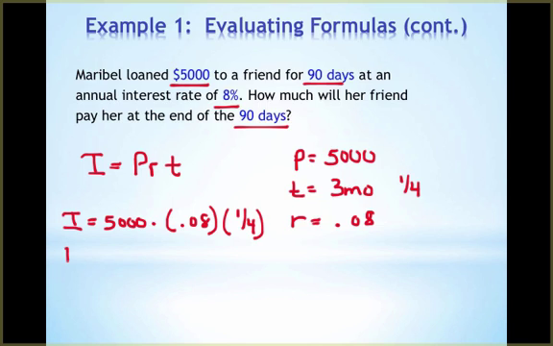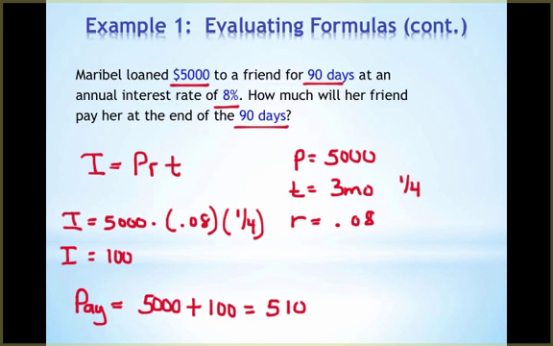So now we'll go ahead and use our calculator and get our computation. So at the end of the 90 days, the friend has to pay would be the $5,000 that she borrowed plus the $100 that accumulated in interest. So the friend owes her $5,100.